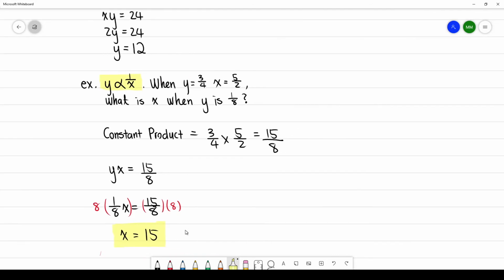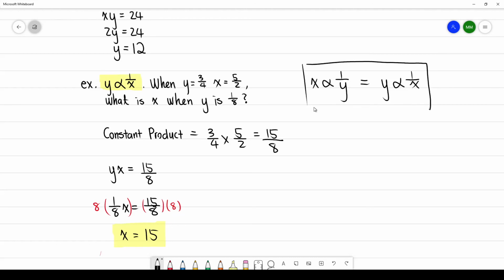And again, x is inversely proportional to y. It's the exact same thing as saying y is inversely proportional to x. Keep this in mind. And actually the same goes for direct proportion. x is proportional to y is the same thing as saying y is proportional to x.